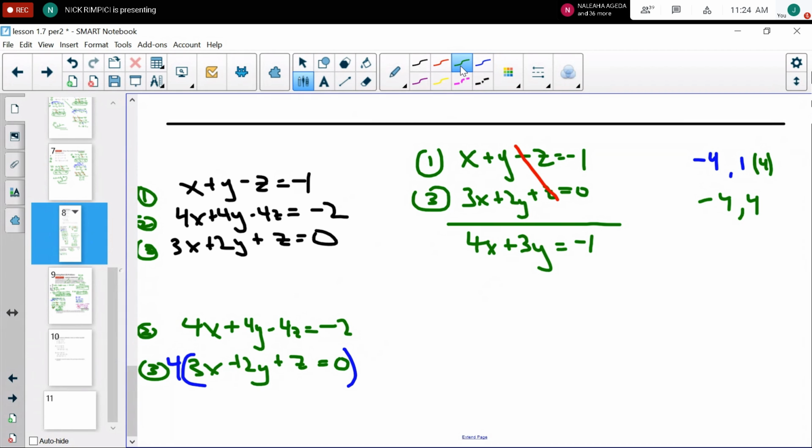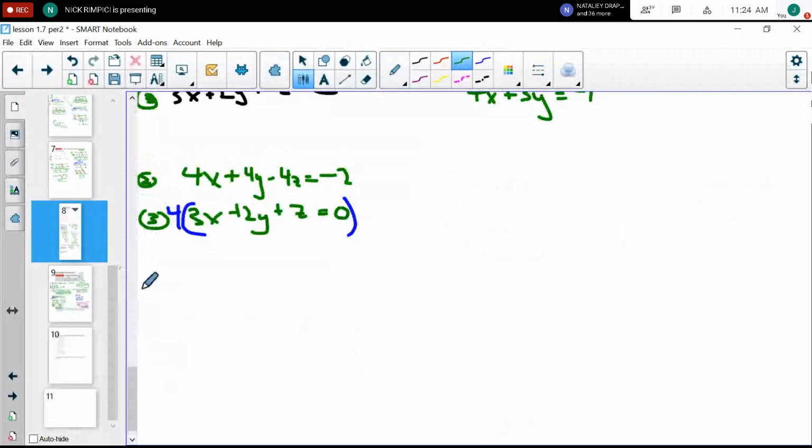The good news is I leave statement 2 alone. So statement 2 is simply 4x plus 4y minus 4z equals -2. And this one, let's be careful now. 4 times 3x is going to give me 12x.